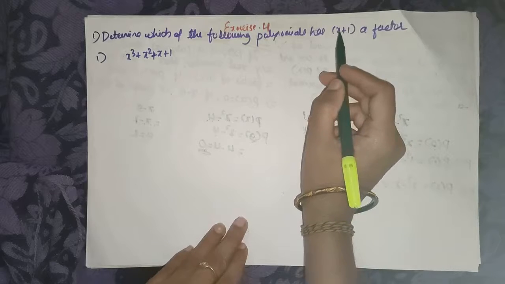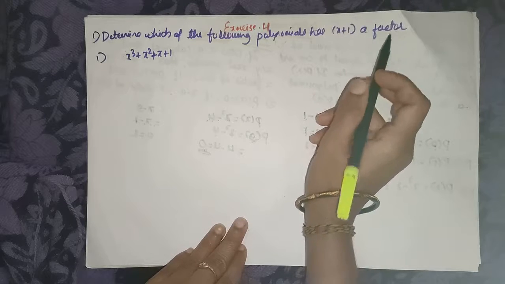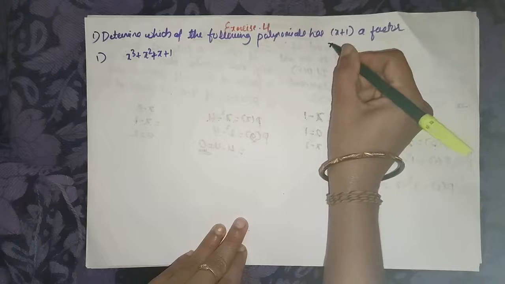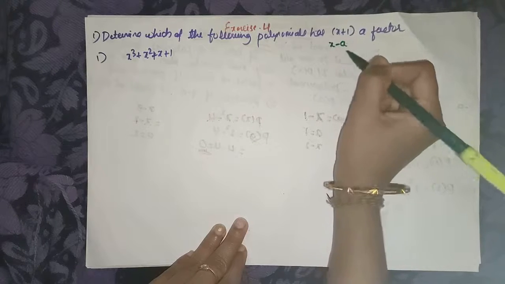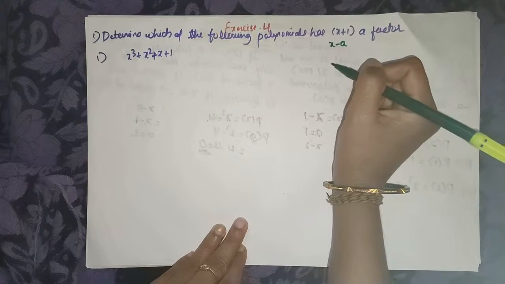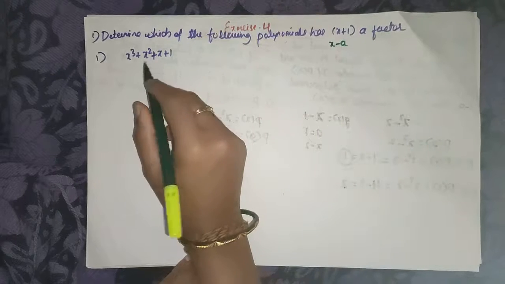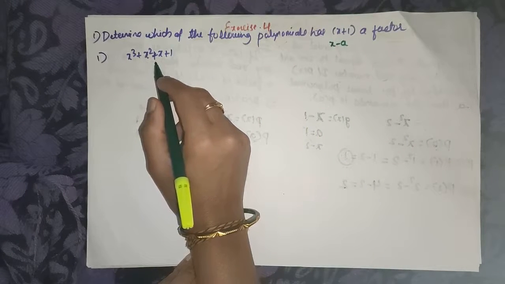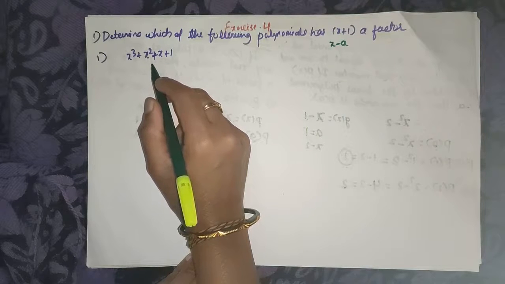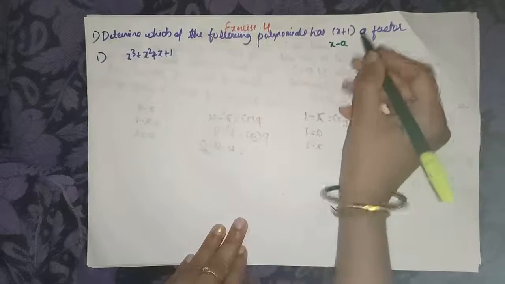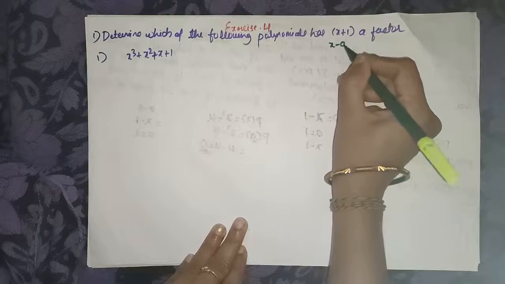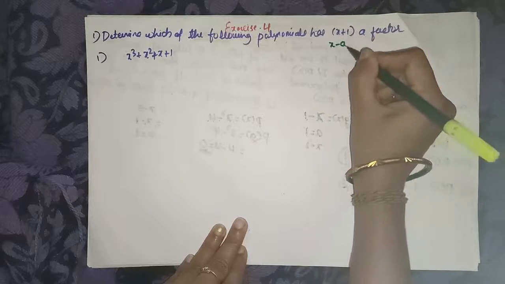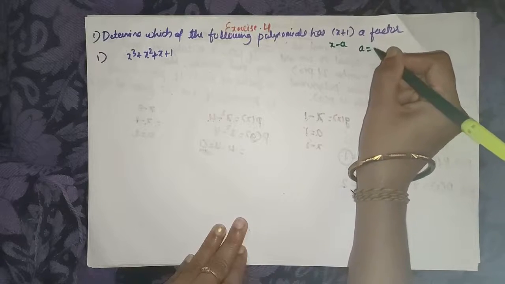This is in the form of x minus a. When we substitute this value in the given p of x, if we get 0 as the remainder, then it is a factor.